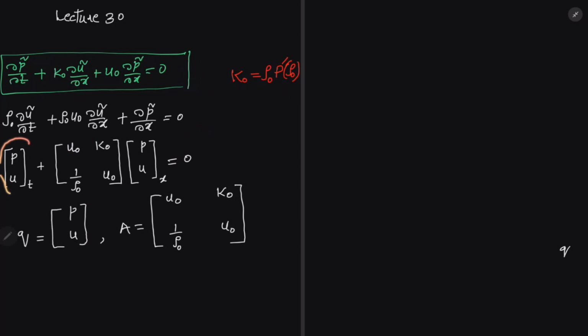Here P and U have been written with partial derivative with respect to t. This is the coefficient matrix, which is called A, and it is defined here. Then we have Q, and remember that in the book it is not recognizable whether Q is a vector or a scalar quantity.